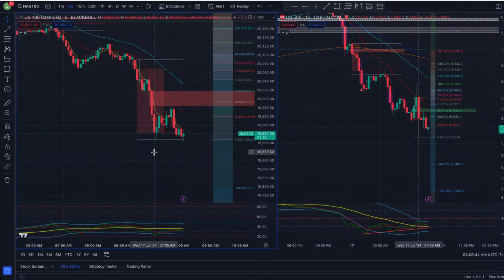NAS unable to break that range. Still sitting right at the bottom of that range.